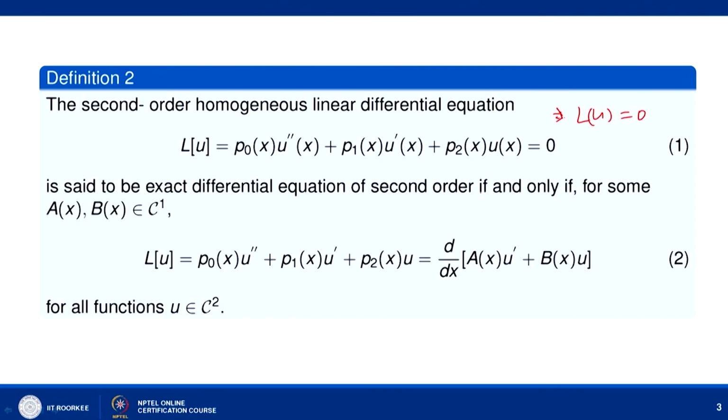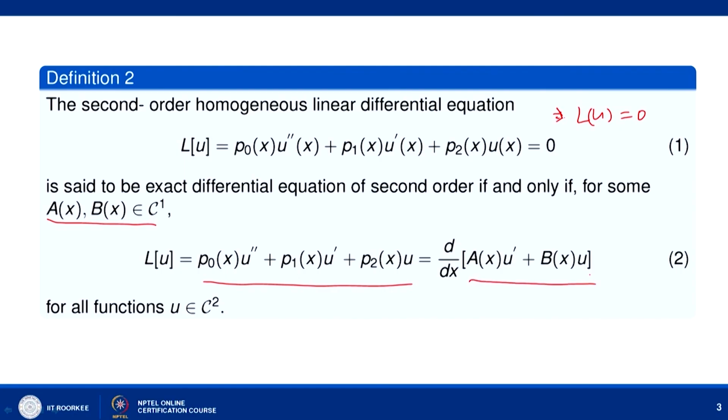is said to be an exact differential equation of second order if and only if, for some differentiable functions a x and b x, we can write p naught x u double dash plus p1 x u dash plus p2 x u as d by dx of a x u dash plus b x u.